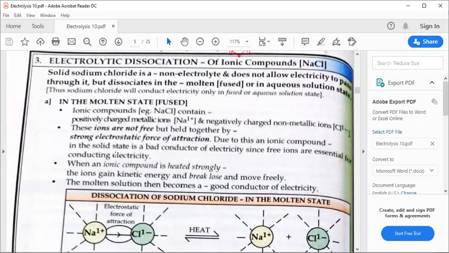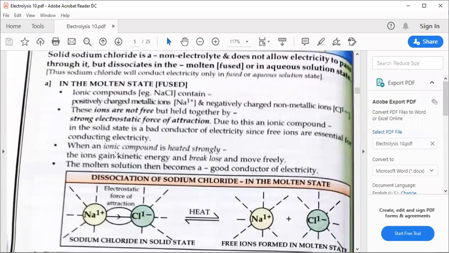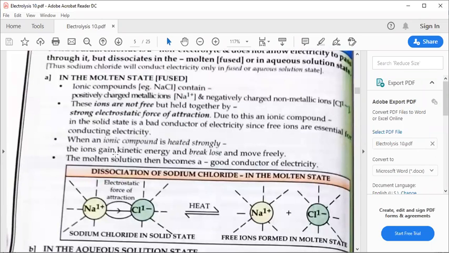The bond breaks and free ions are released, therefore it can conduct electricity. If they ask how the molten state conducts electricity, you say that when you heat it, the bond breaks and the free ions are released, therefore it is a good conductor of electricity.